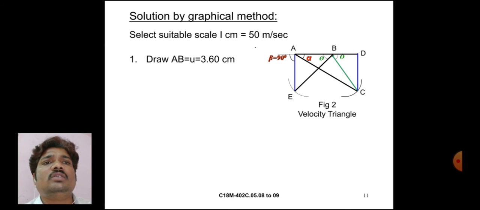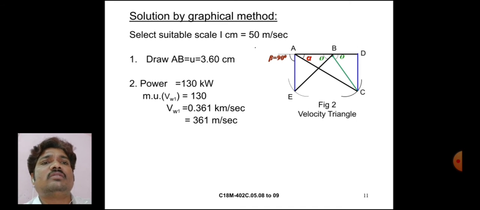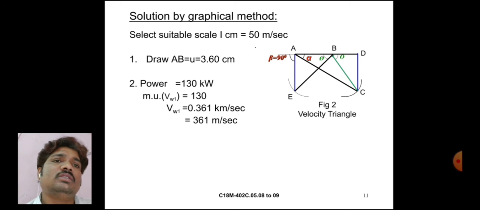Draw AB equal to U equal to 3.6 centimeters. Power is 130 kilowatts, equal to m U Vw, so Vw is equal to 0.361 kilometers per second. Converted to meters per second, it is 361.